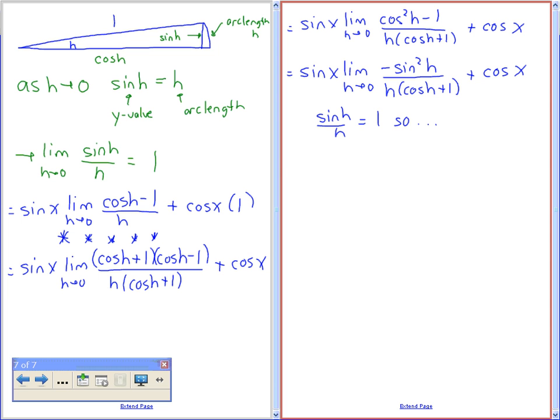So this equals the sine of x times what? Somebody be brave, other than Sam. Somebody be brave and tell me what the middle is going to turn into after the limit. Okay, somebody please be brave. Negative sine h, good, over.